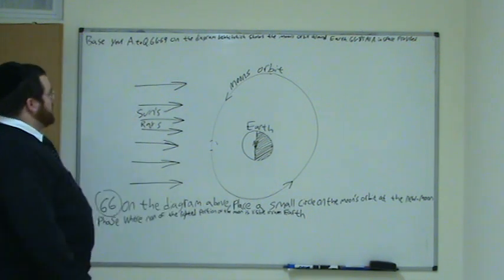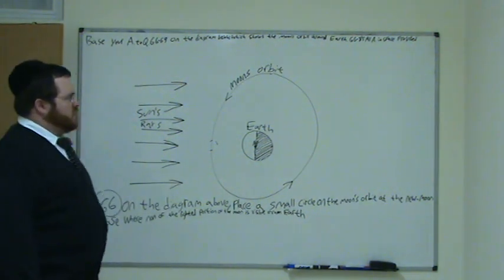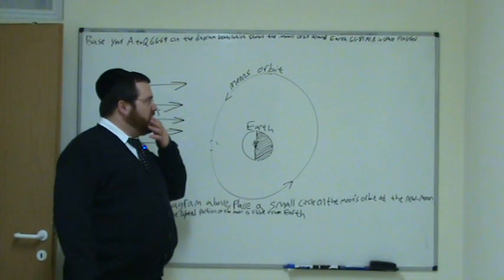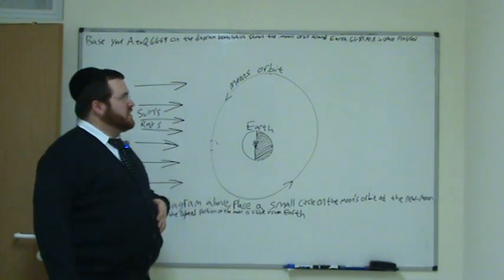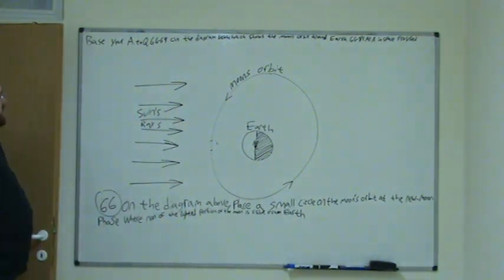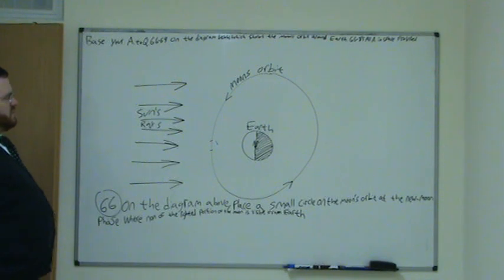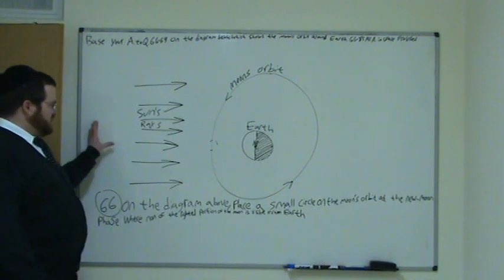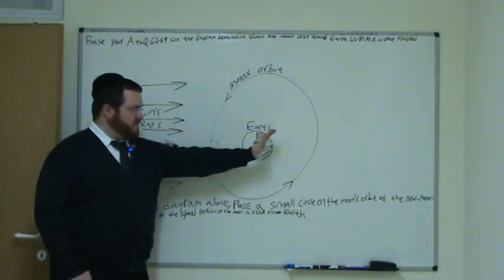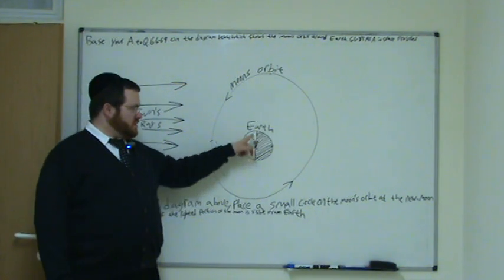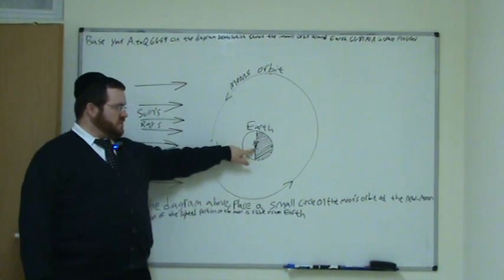Anyways, from question 66 till question 85, put all answers in the space provided. Base your answers to question 66 through 69 on the diagram below, which shows the moon's orbit around the Earth. This is the sun's rays coming from here. This is the Earth. The middle is the North Pole.